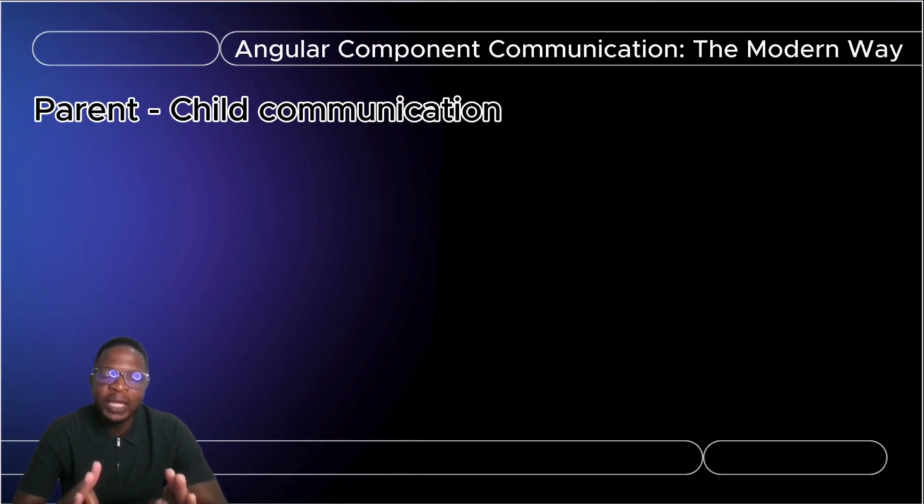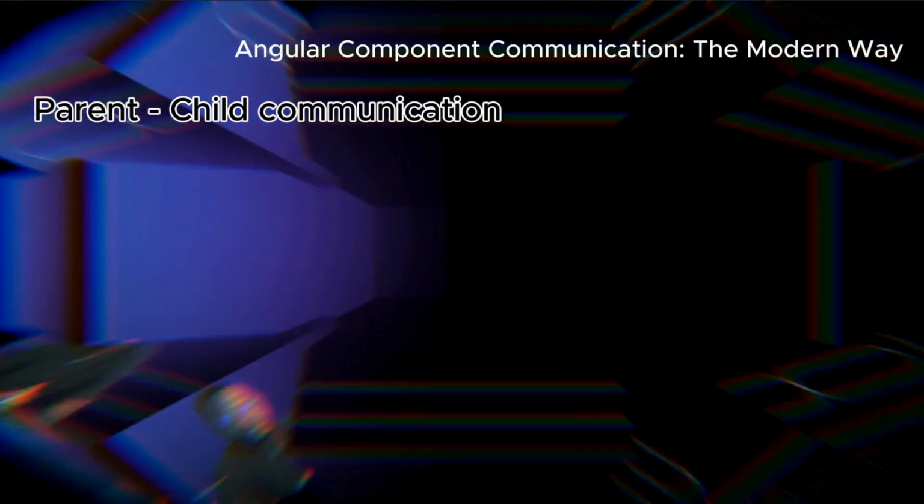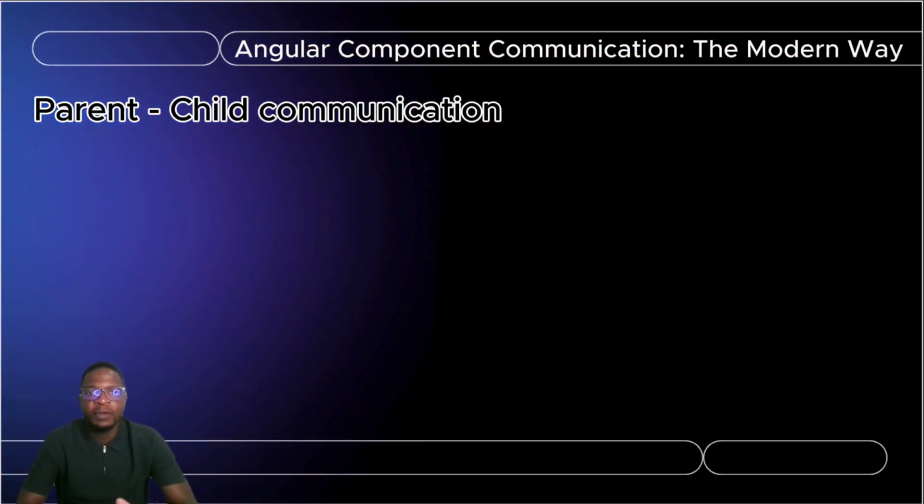But I want to be very careful here. This does not mean that the old way, that is using @Input, is wrong. It still works and it's still valid. And in very simple cases, it can still be perfectly fine.